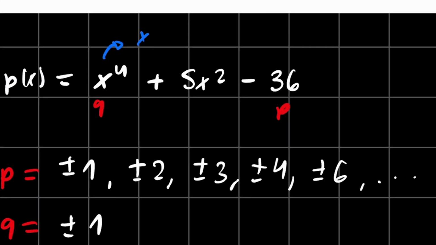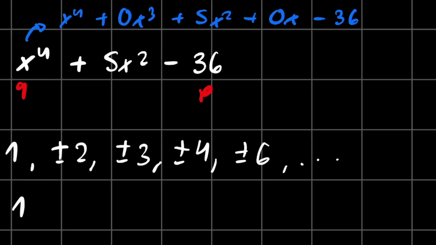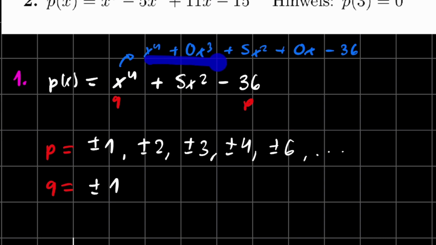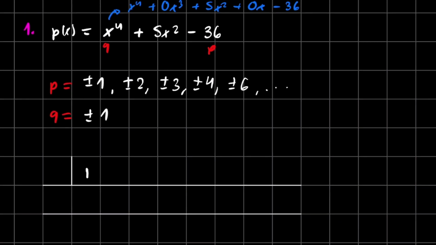So that means x to the 4 plus 0x cubed, which is a term we skipped, plus 5x squared plus 0x, which is a term we also skipped, minus 36, right? You're going to write all of these numbers into a synthetic division. So that is 1, 0, 5, 0, and minus 36, right? Perfect. That is looking perfect.